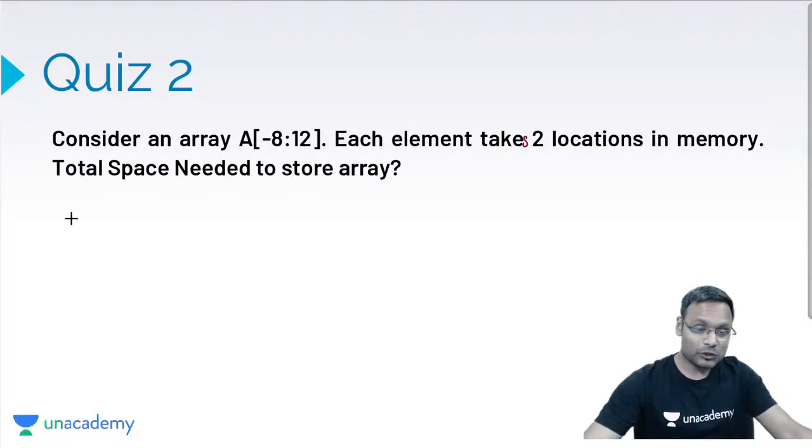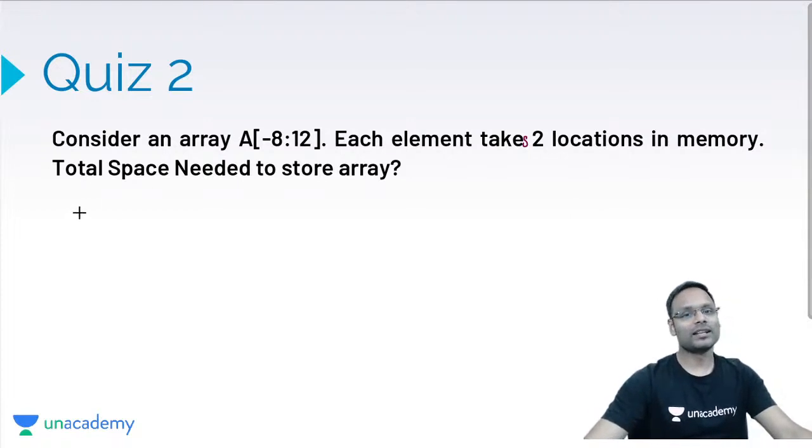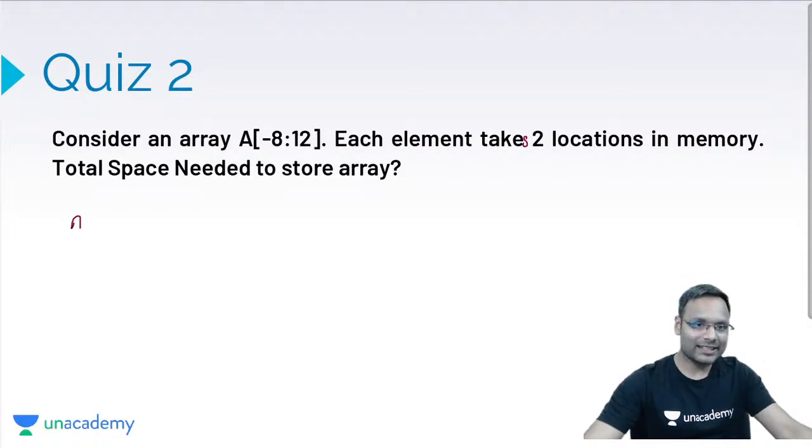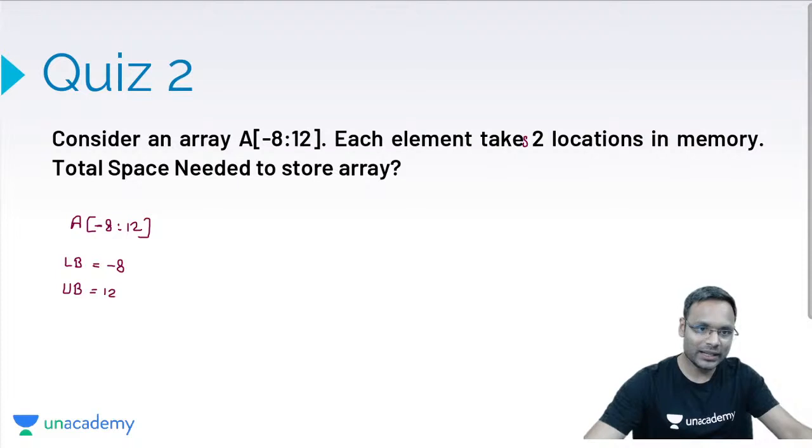Okay, so answer. First of all, how many total elements are there in the array? So if array is given minus 8 to 12, of course lower bound is minus 8, upper bound is 12. Total number of elements, the size of the array, is equal to upper bound minus lower bound, lower bound is minus 8, plus 1, 21 elements. Each element takes 2 locations.